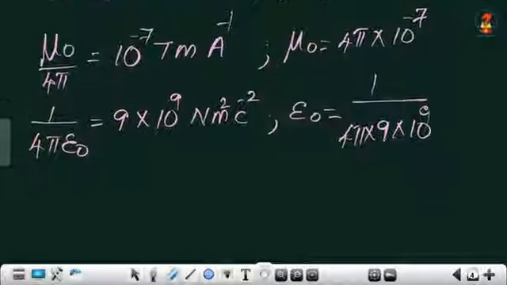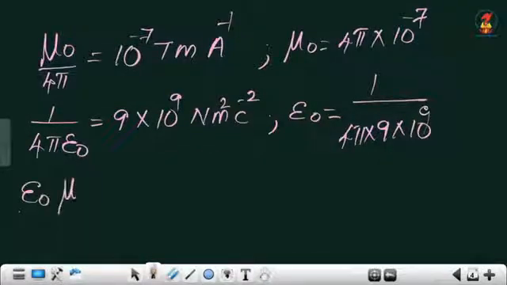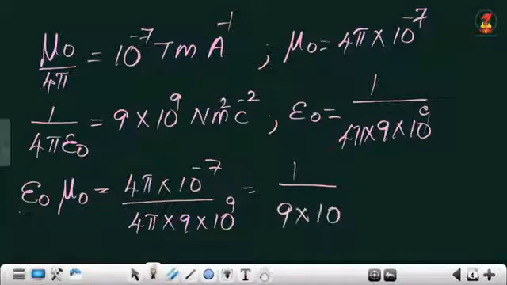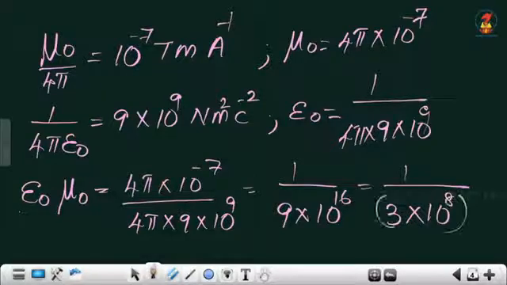So we get mu 0 into epsilon 0 is equal to 4 pi into 10 raised to minus 7 by 4 pi into 9 into 10 raised to 9, which is equal to 1 divided by 9 into 10 raised to 16, which is equal to 1 divided by 3 into 10 raised to 8 the whole square.